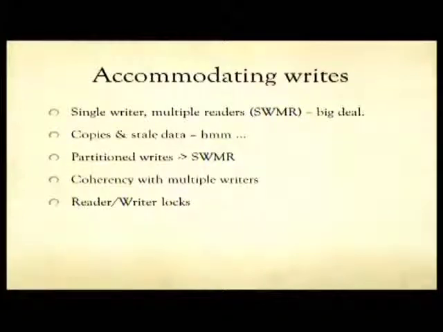The simplest way is somebody is writing, multiple people reading. How does our web server solution work in this case? Pretty well. Somebody writes, updates a web server, and everybody else reads and everything is fine. One problem though. There are copies and therefore there will be stale data. I could update only one of those web servers in the beginning.